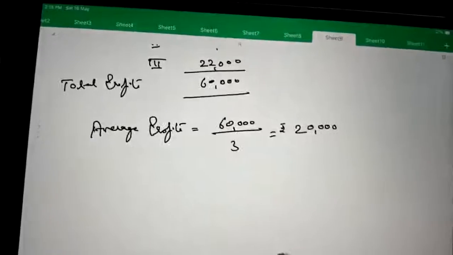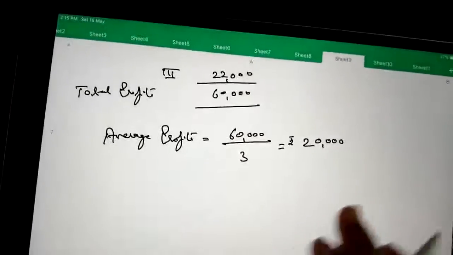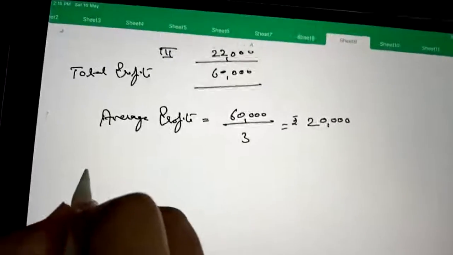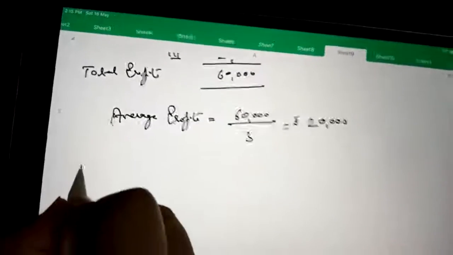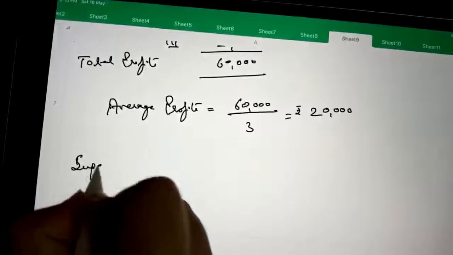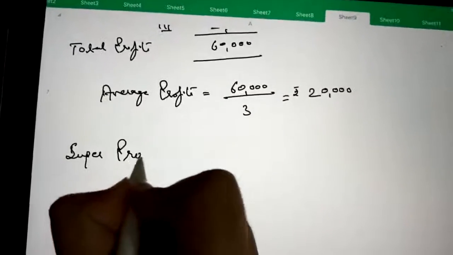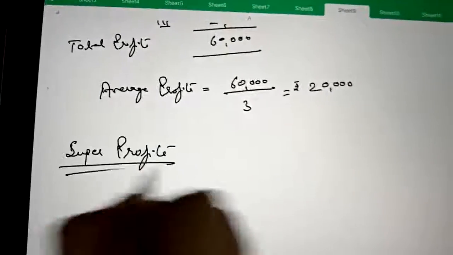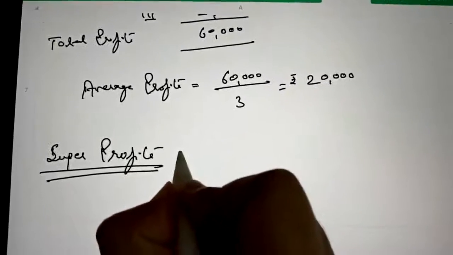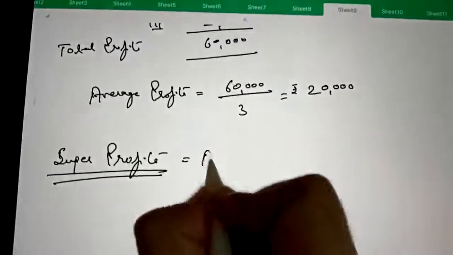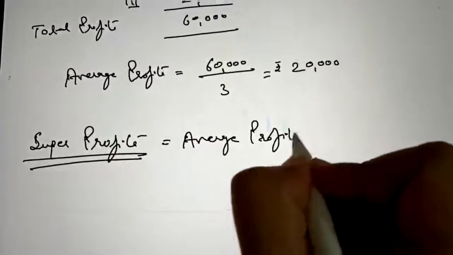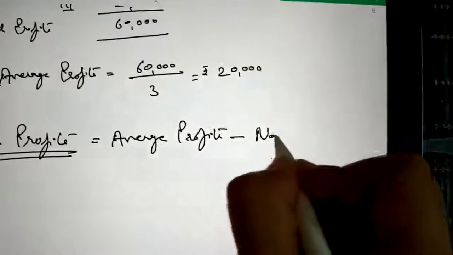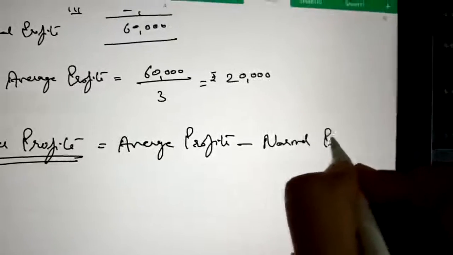And how is goodwill calculated? Now, as per the super profit method, next step is to calculate super profits, and super profits are equal to average profits minus normal profits.